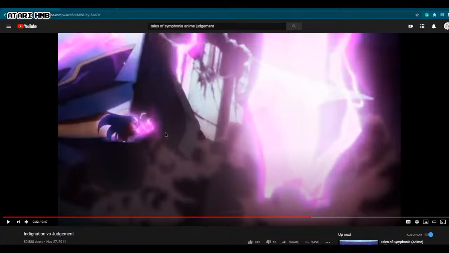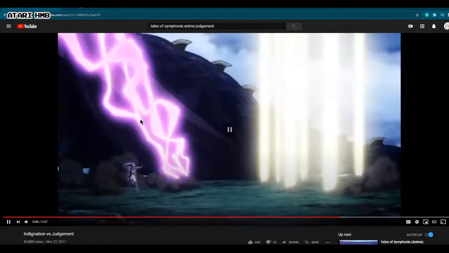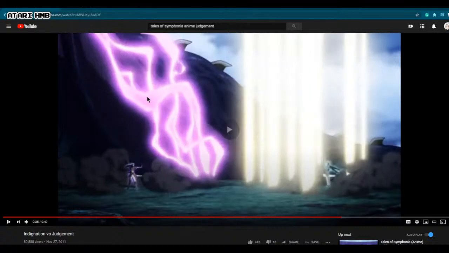We're talking about the return stroke of lightning and everything, because indignation sits there first above you and then it sends a bolt down immediately. And judgment is literally light from the sky itself, which Mythos can teleport, by the way, and dodge. If you play the actual game, Mythos casually teleports.